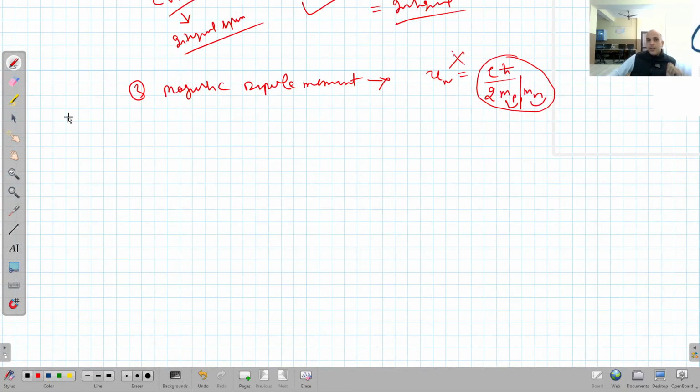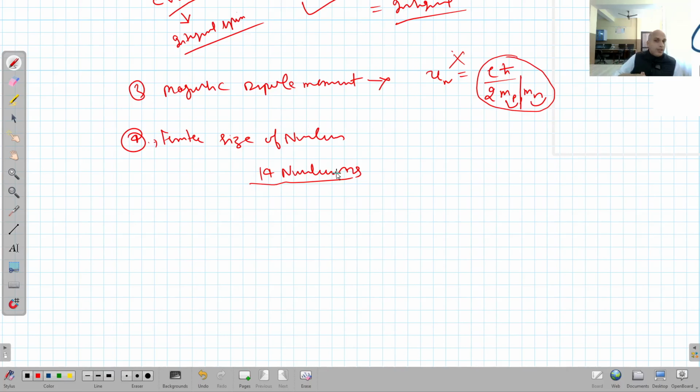Then we have the finite size of the nucleus. This was also an objection. Now here we have a total of 14 nucleons. Nucleons means the particles that are present inside the nucleus. We are not having extra electrons inside the nucleus, so the problem of the increasing size of the nucleus doesn't arise, right?